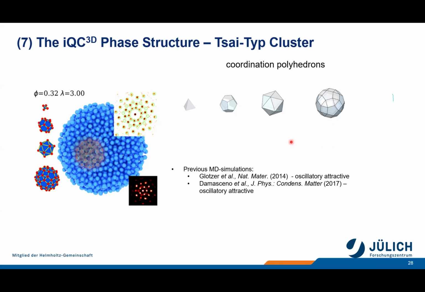But this was now the Zn-type cluster. And this is a typical metal icosahedral cluster known in metal alloys for decades. And that just simple core shell particles, which interact with a really simple core shell interaction potential, show these complicated quasicrystalline structures is a real surprise.